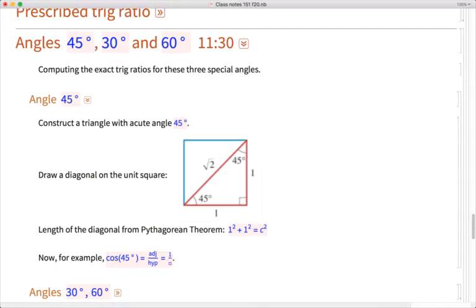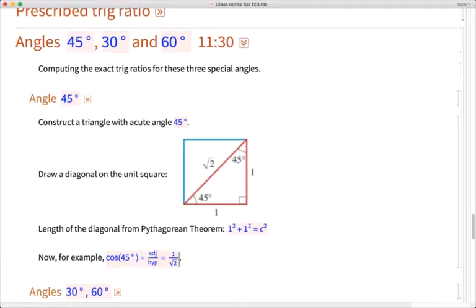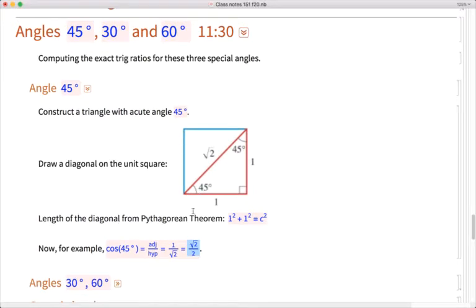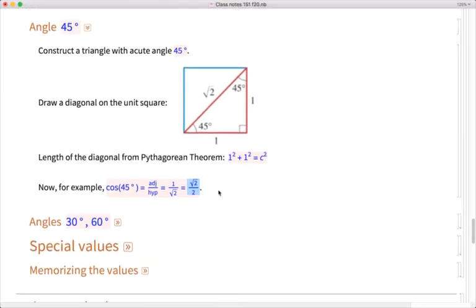And that's a perfectly correct answer, and I'm perfectly willing to accept it, but just to keep in pace with what most people will write, that is root 2 over 2. If you rationalize this, if you multiply this one top and bottom by root 2, this is what you get. Again, you can compute any of the trig ratios for 45 degrees using this triangle now.